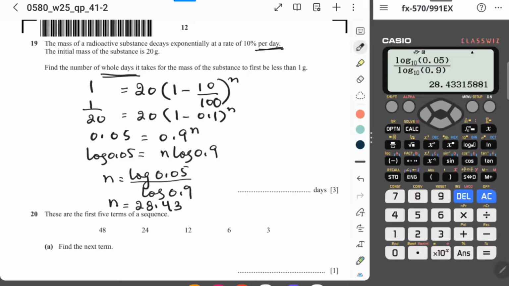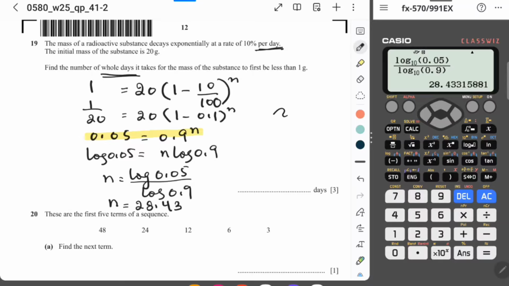It means 28.43 is coming, so I have to check for 28 and 29. You can check for 27 also if you want. The value should be less than 0.05 because the mass must be less than 1 gram.